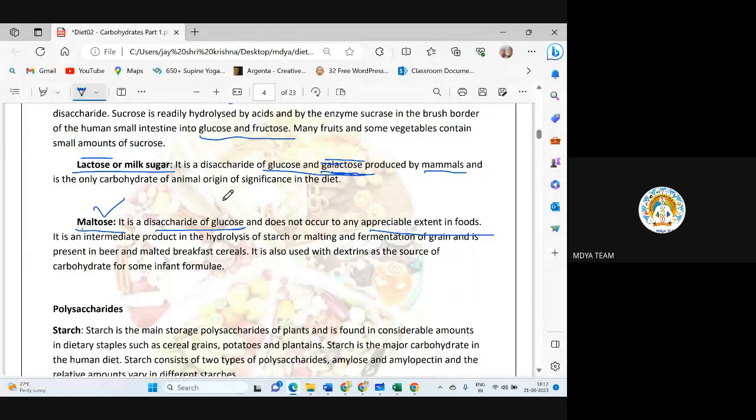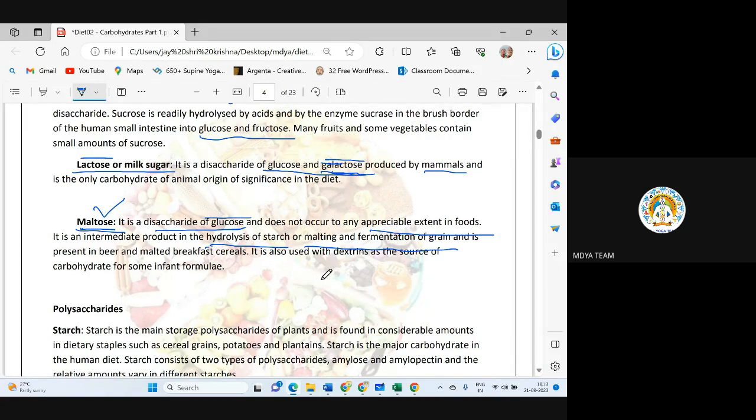In that time, yeast grows on that substance and ferments it. On fermentation of starch, maltose gets produced. Maltose is also not found in much quantity in nature. So hydrolysis of starch, or malting and fermentation of grain, forms maltose.